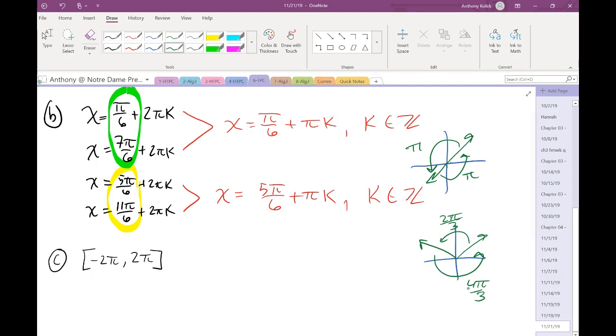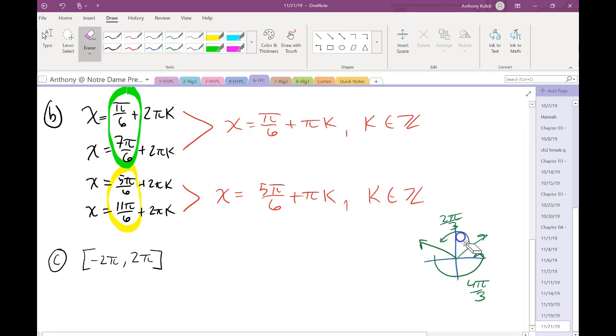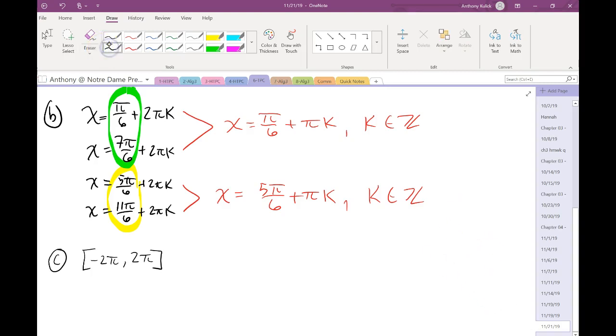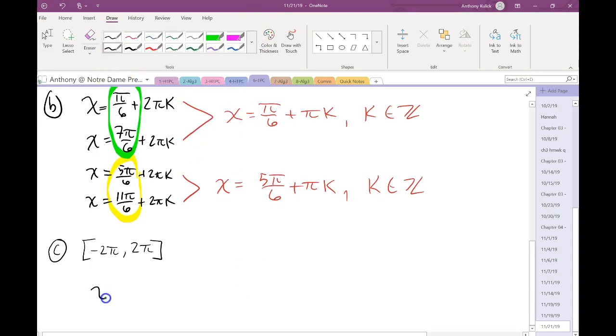All right. Am I okay to erase these little pictures I've scribbled on the side there? So, in part C, we're looking for all the answers on this interval. Well, we know part of this answer.